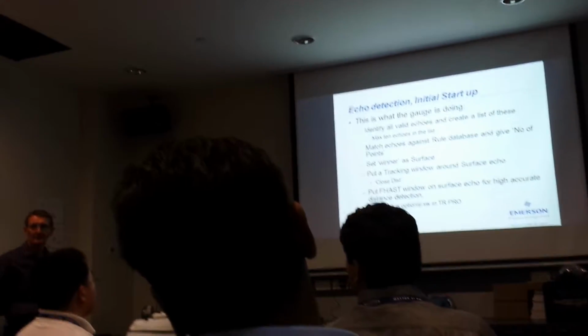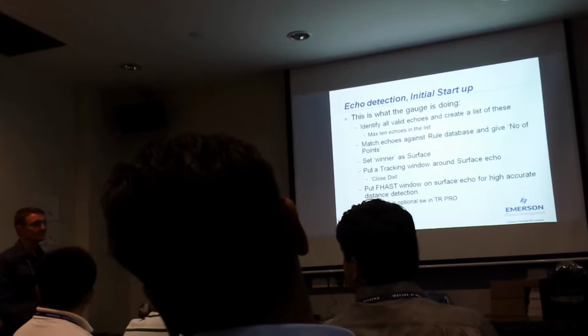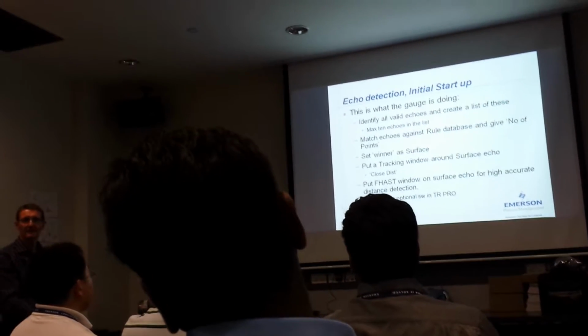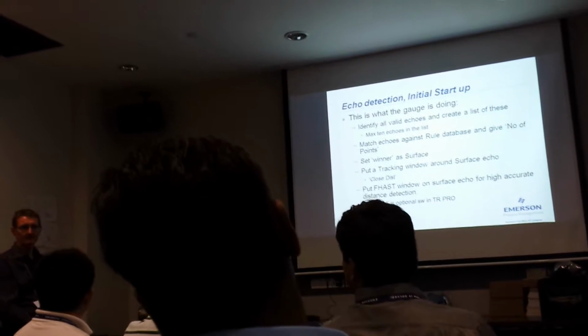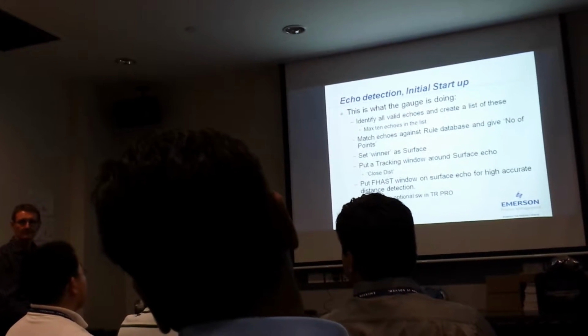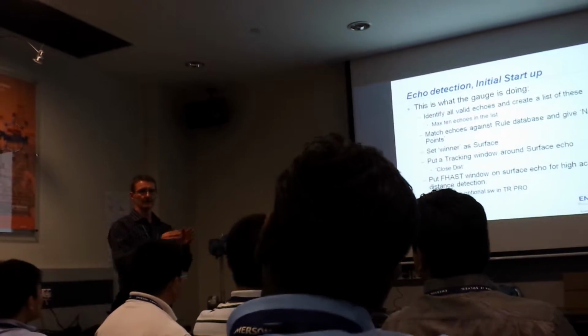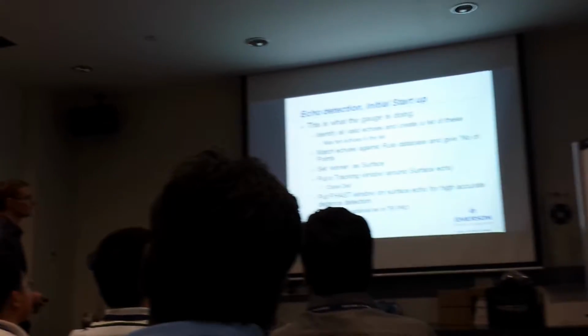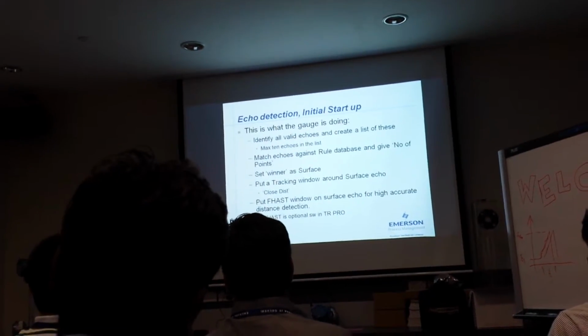And then, oh, 10 points, very good jump. Same thing here. Depending on the quality of the echo, it will get a higher rating. That is the logic behind picking the echo which is the correct level. So it more or less sets the winner as the surface.